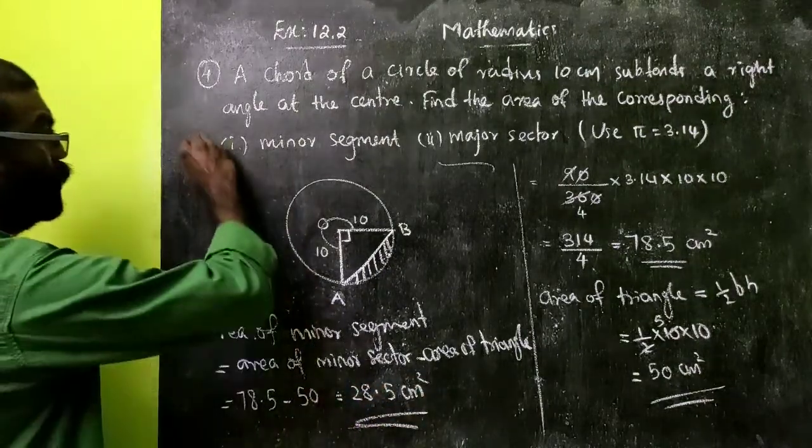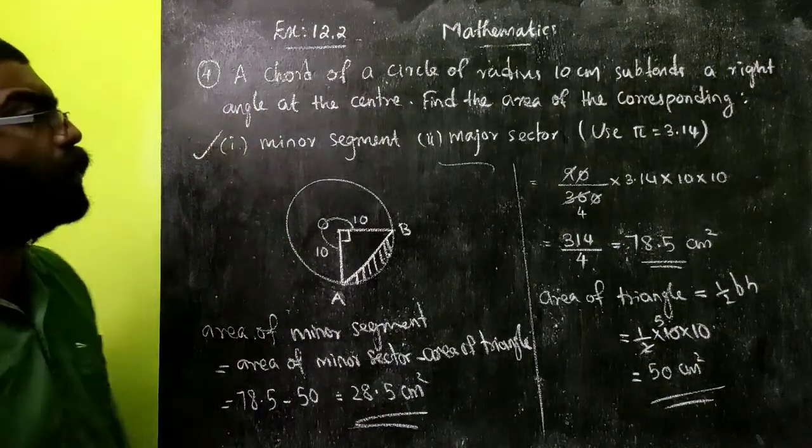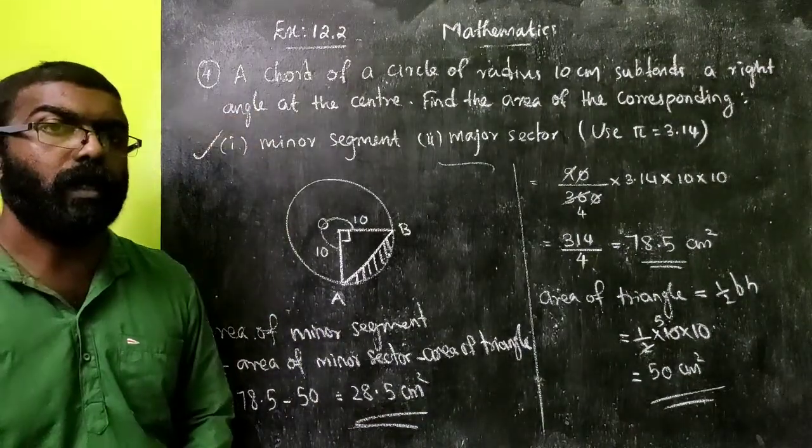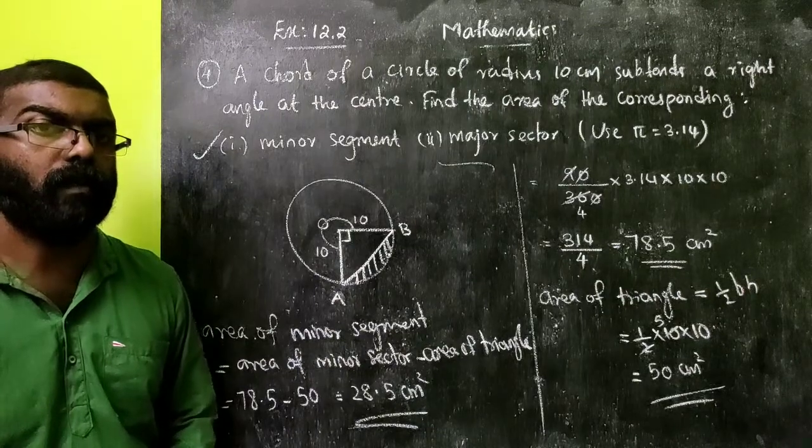So the first part is over. Area of the minor segment is equal to how much? 28.5 centimeter square.